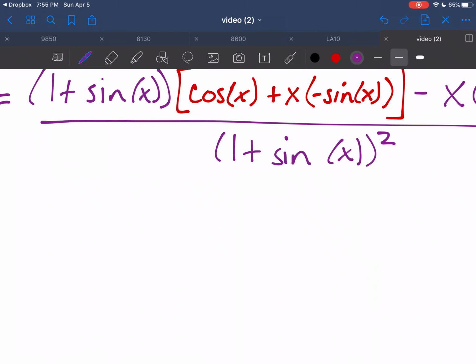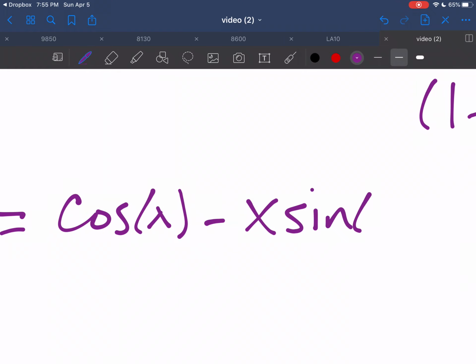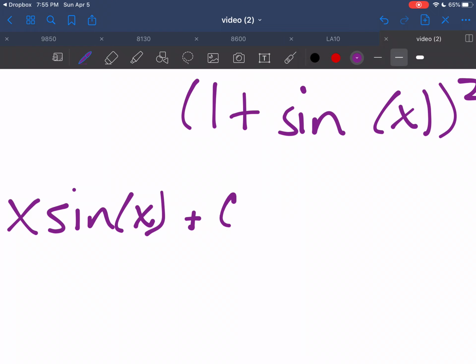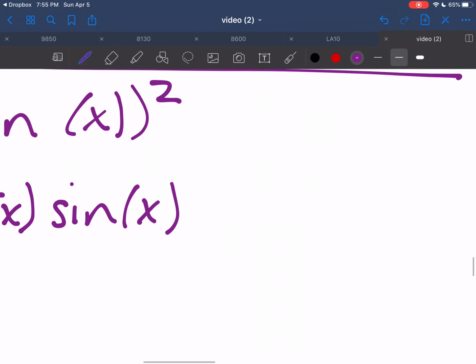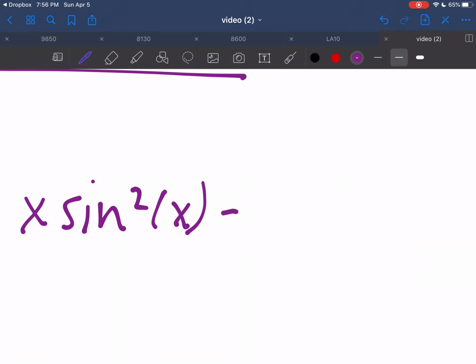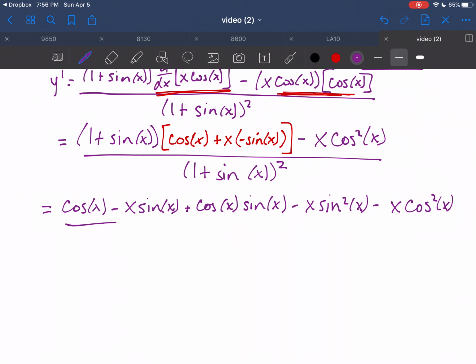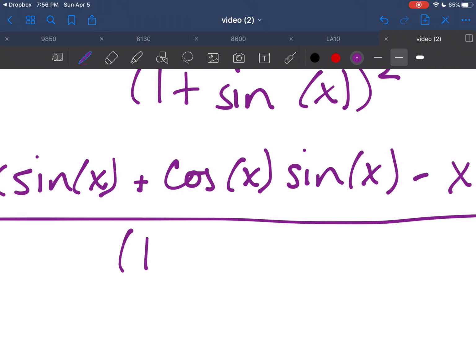Okay, and so that is equal to cosine of x minus x sine of x plus cosine of x sine of x minus x times sine squared of x minus x cosine squared of x, all divided by 1 plus sine of x squared.